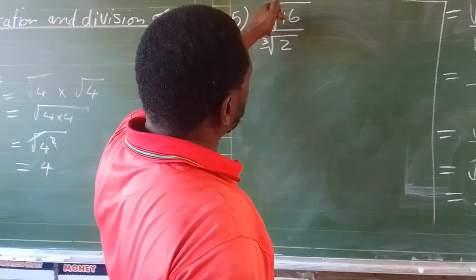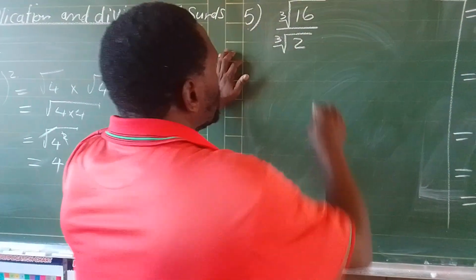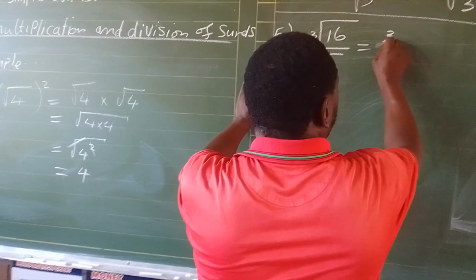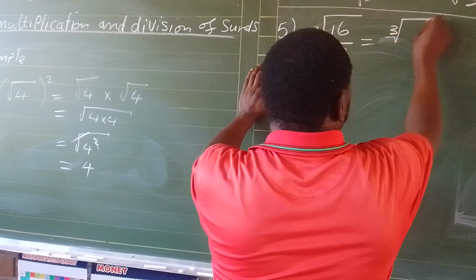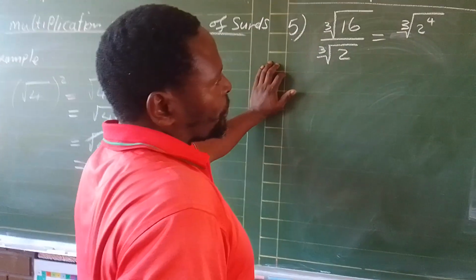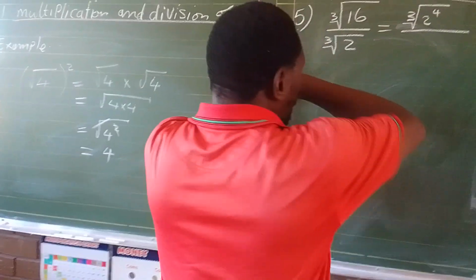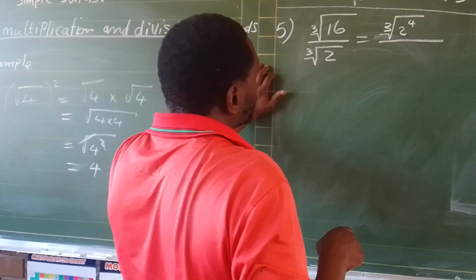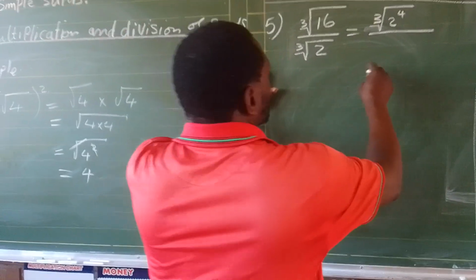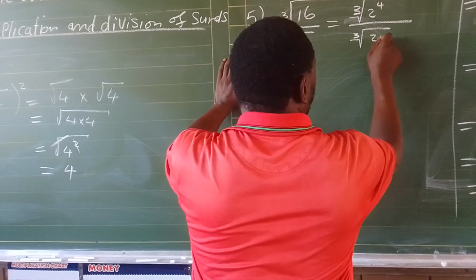Now, if you check 2 and 16, they relate at 2. So we are going to say the cubic root of 16 is the same as 2 to the power of 4, divided by the cubic root of 2.